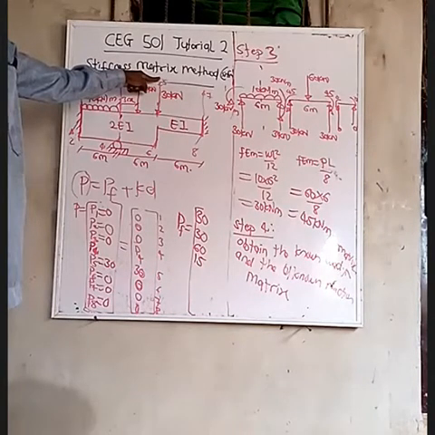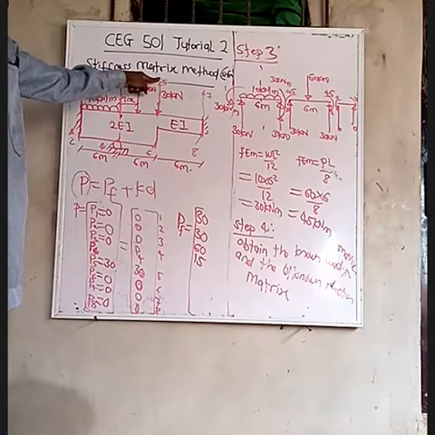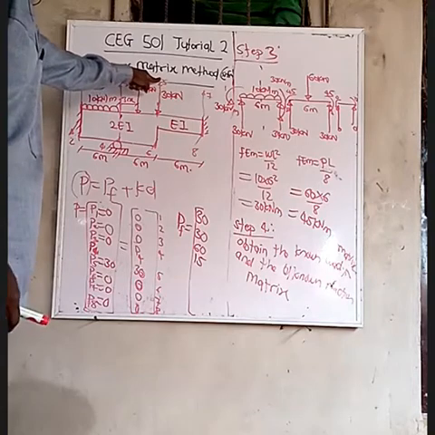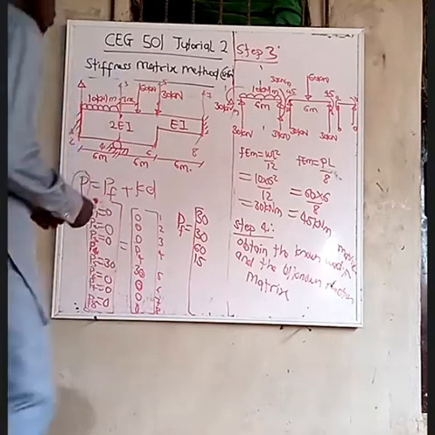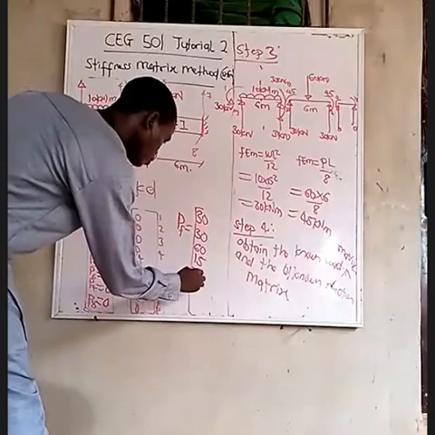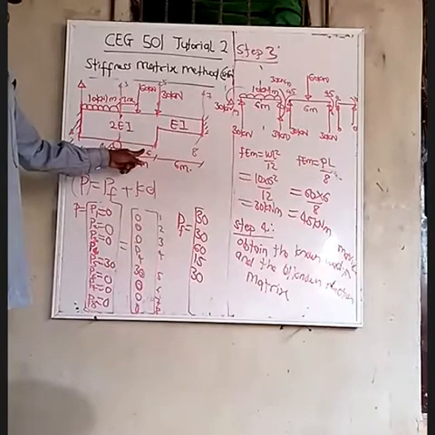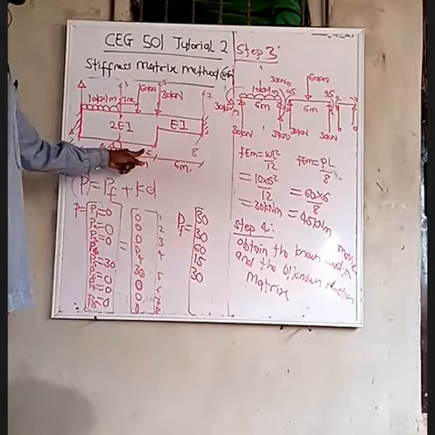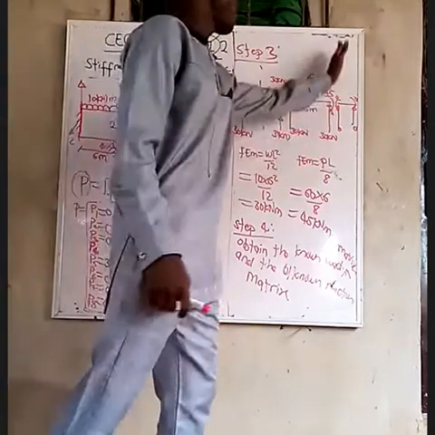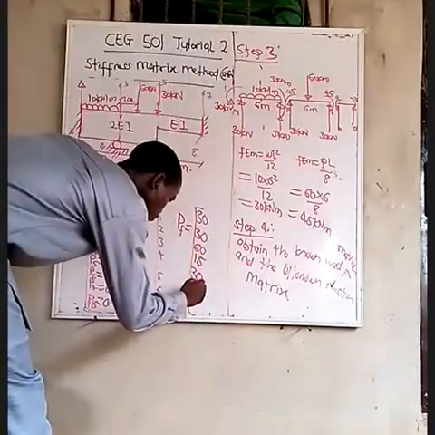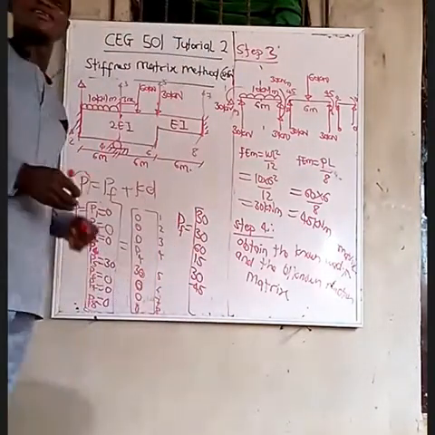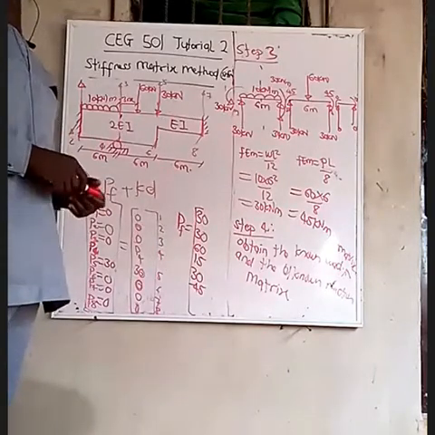What is 5? 30. Okay, good. We have 30. What is 6? Minus 45. Good. Minus 45.